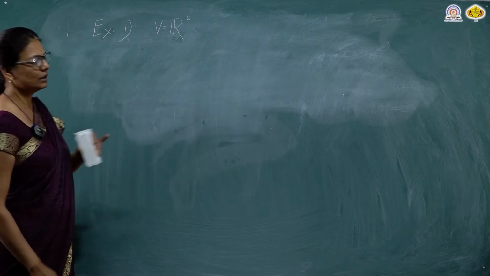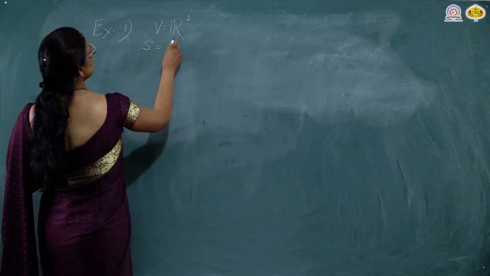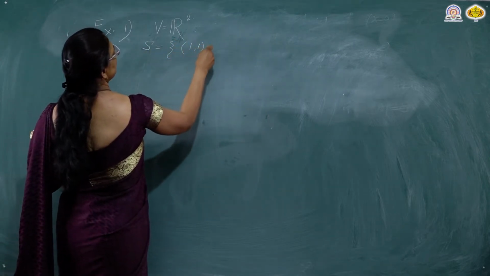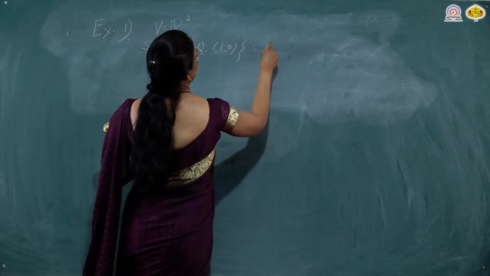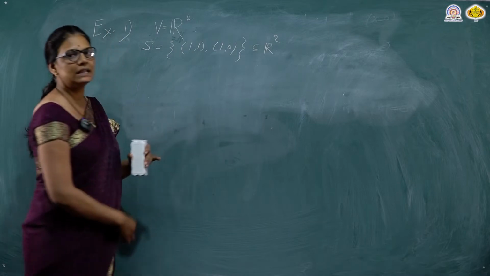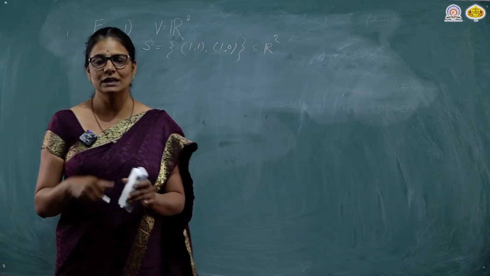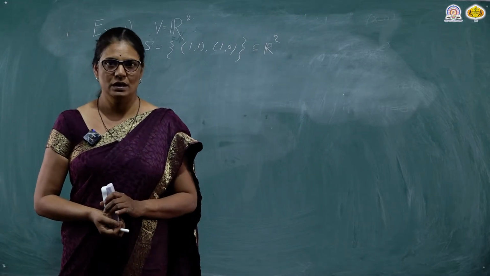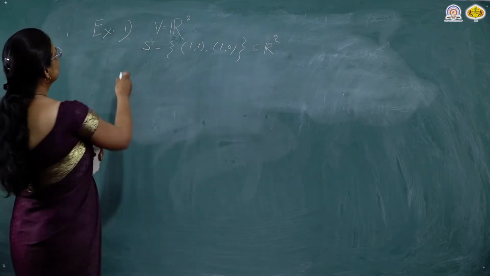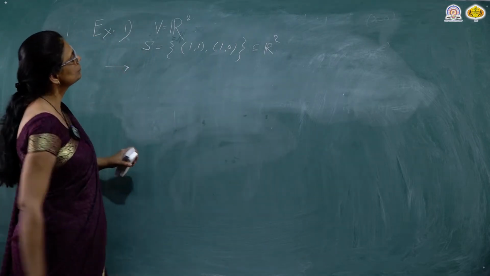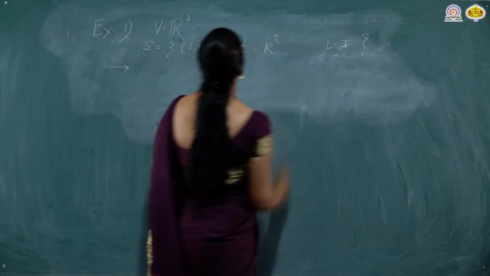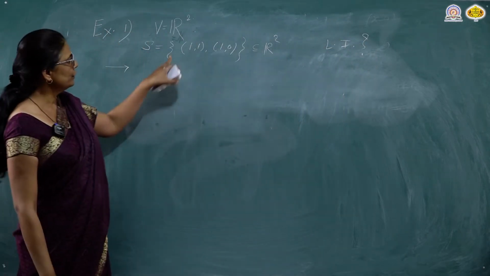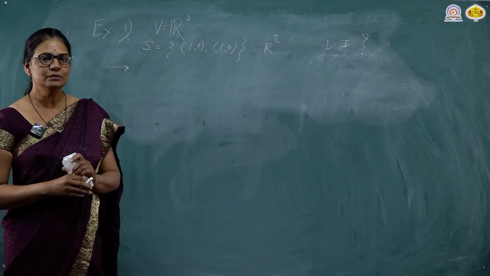We consider R2. The set S contains two vectors (1, 1) and (1, 0). Now we check whether this set is linearly dependent or linearly independent. For that we use the statement of the theorem.